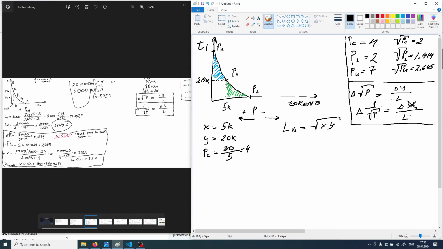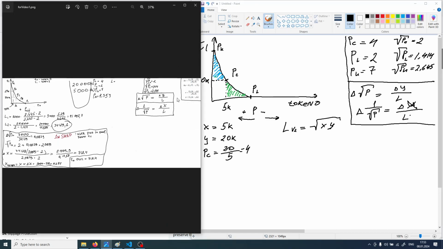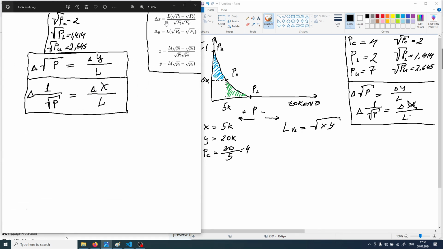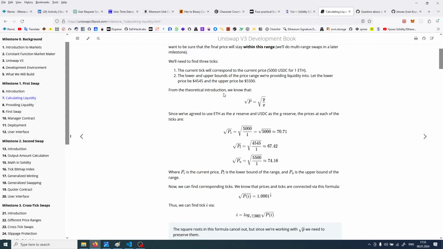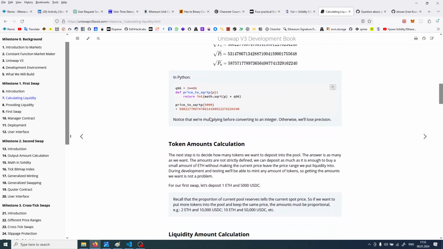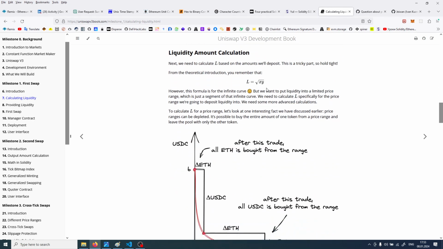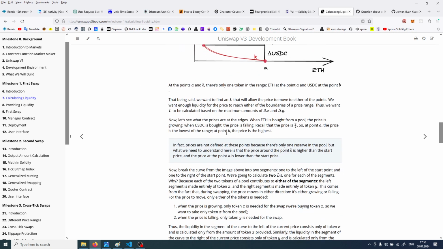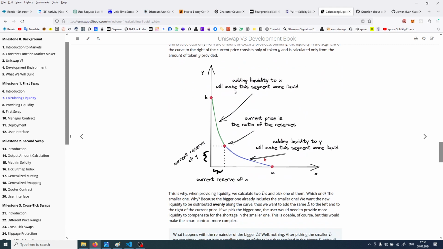From these formulas, next we can see these formulas for liquidity. You can see this information in book 2. It's simple compared with Uniswap v2.